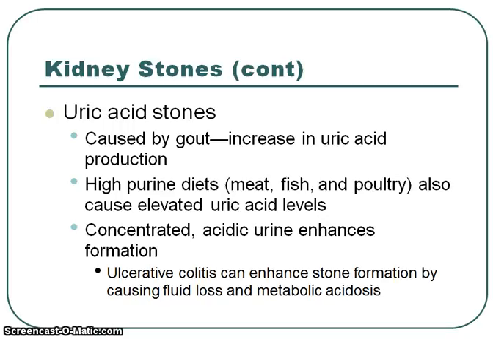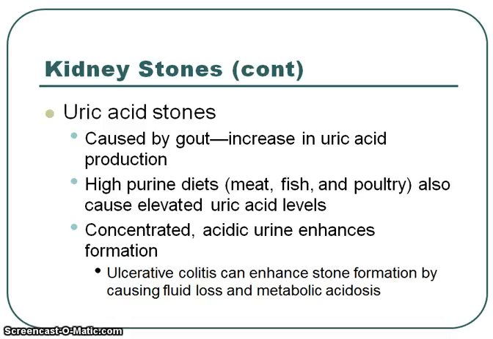Since they can't process the uric acid, it gets concentrated in the urine and also in their blood, which can get deposited in the joints as well as form into stones. Ulcerative colitis can also cause uric acid stone formation because of all the extra fluid loss and metabolic acidosis problems that these patients get.